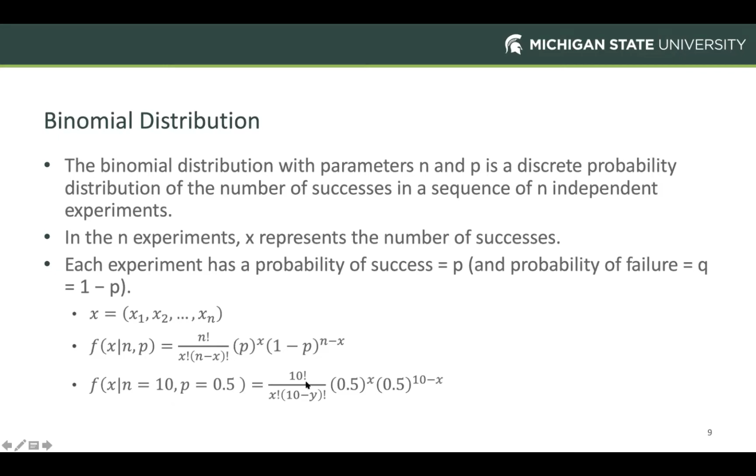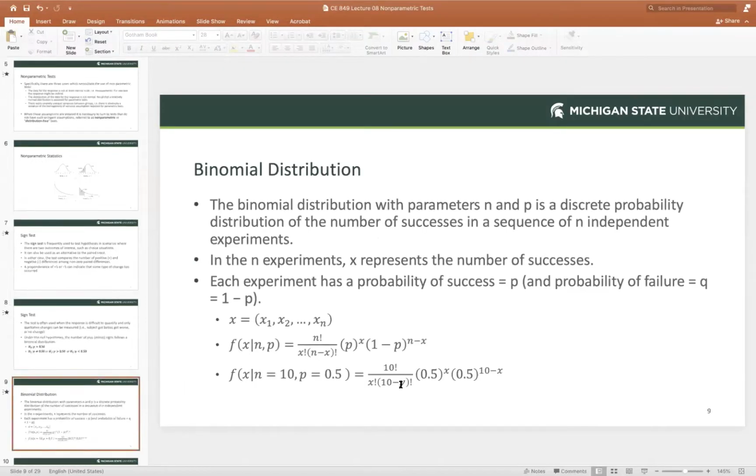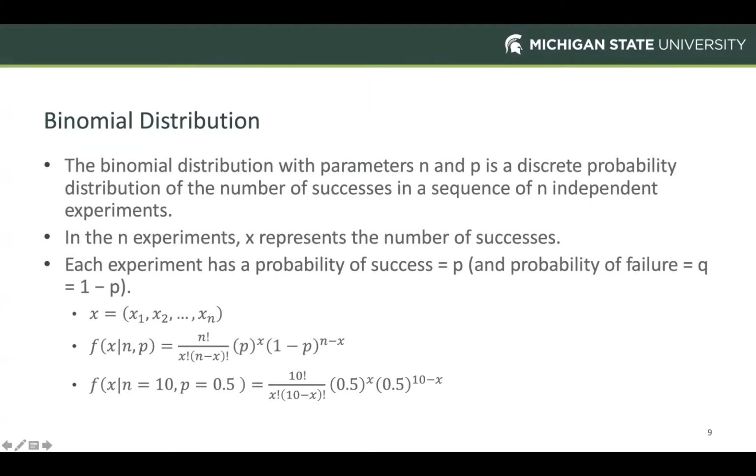In that case, if we had 10 trials, we could determine the probability of having X successes among those n trials with the probability of 0.5.